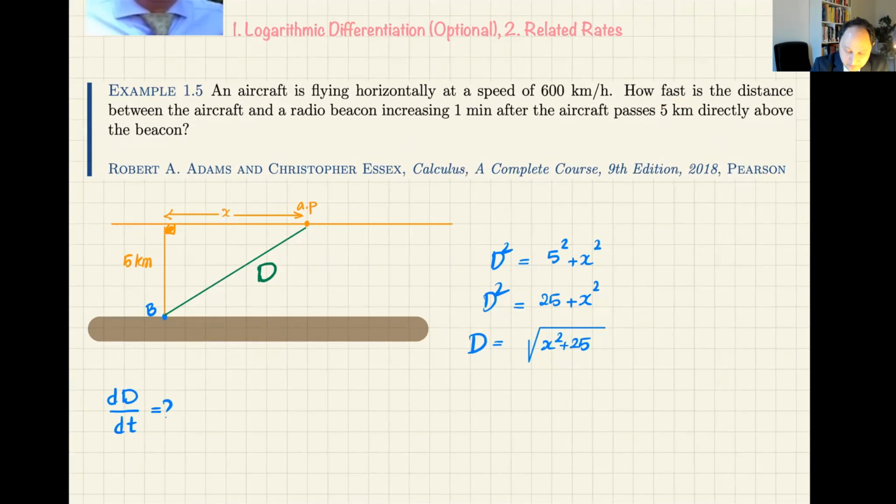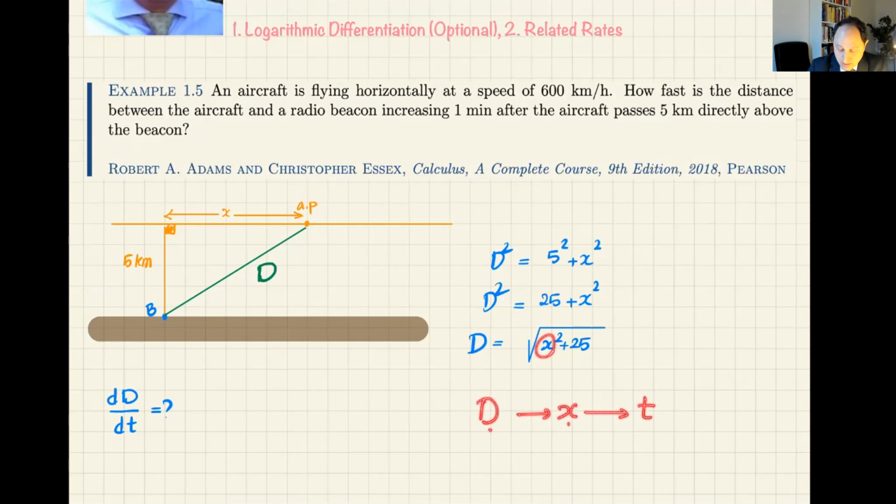But here you have D expressed in terms of X, not time. But X itself depends on time. So D depends on X, X depends on time. So if you go back to that lesson, you will realize that I have drawn these diagrams.